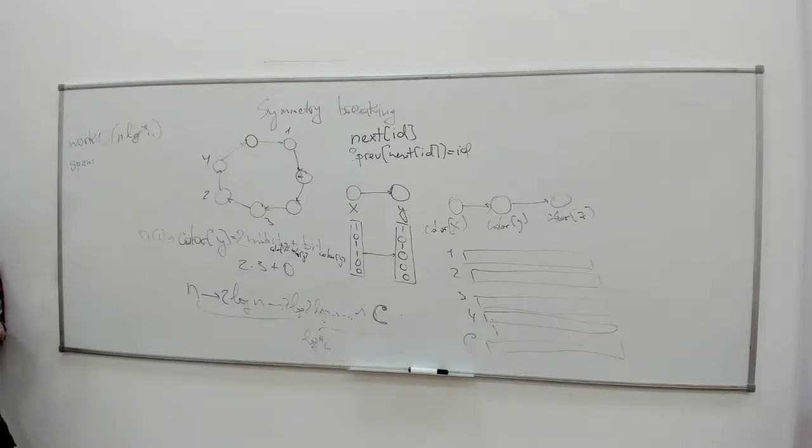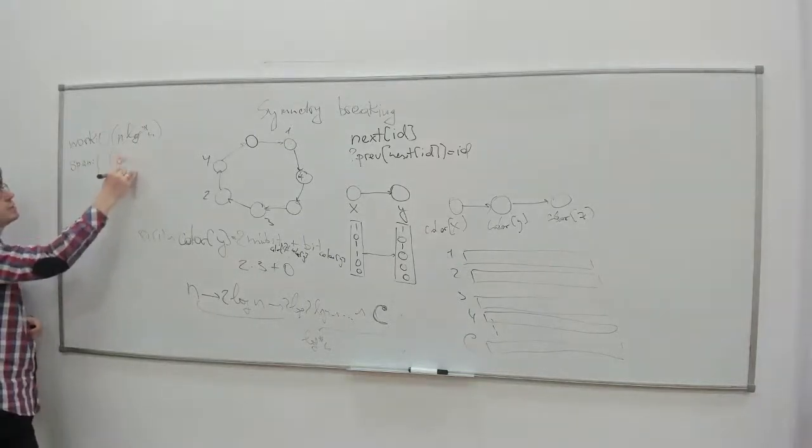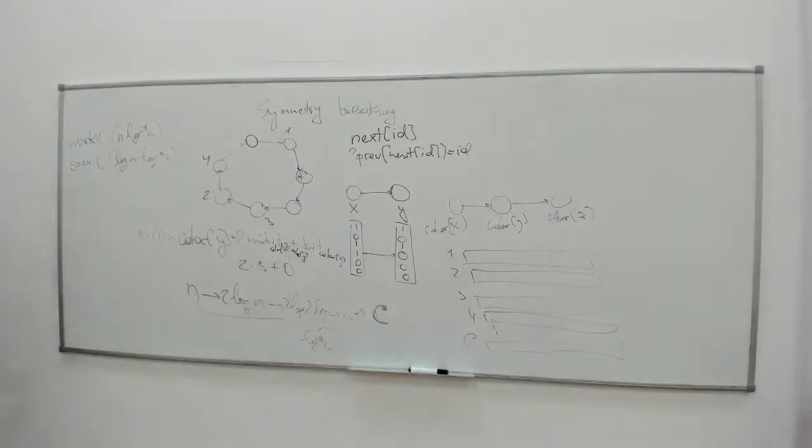Any ideas? Probably each round is O(1), because we can count this in O(1). No, unfortunately each round is not O(1) because you have to make a parallel for, so log n. So the complexity here is log star n times log n.